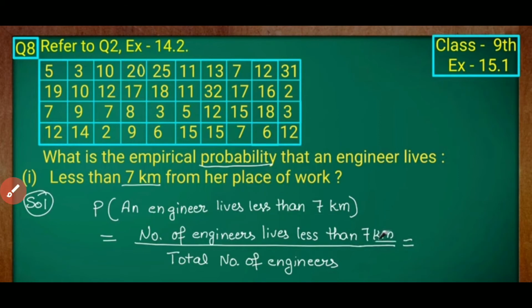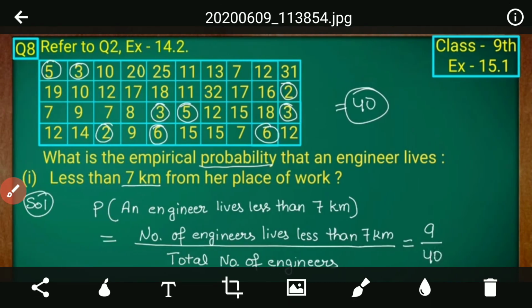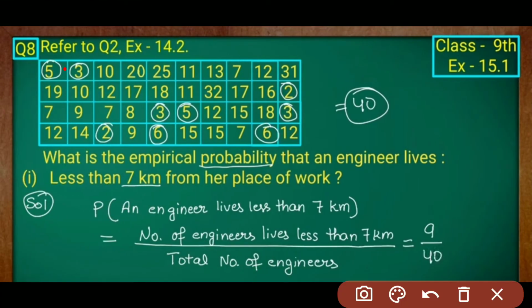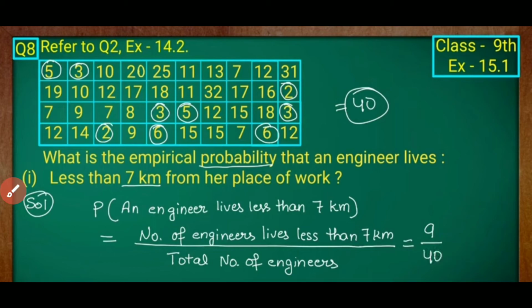For less than 7, let's check: 5, 3, 3, 5, 6, 2, 6, 3, 2. So there were 9 engineers out of a total of 40. So the probability for the first point, the number who live less than 7 kilometers from the place of work, will be 9 upon 40. That is your probability for the first condition of the 8th question.